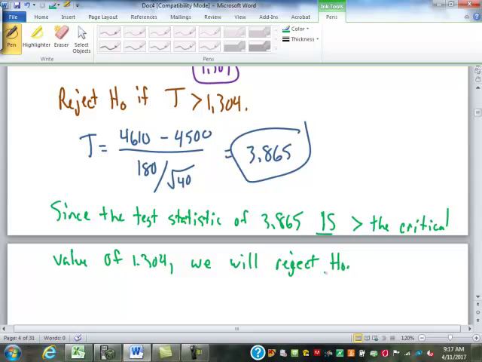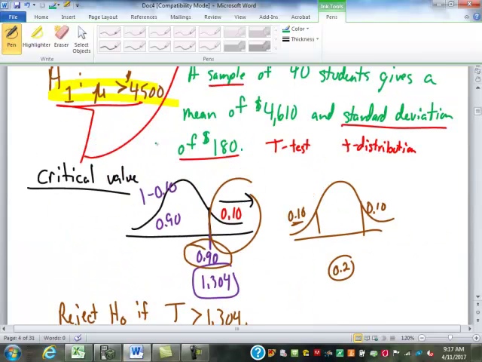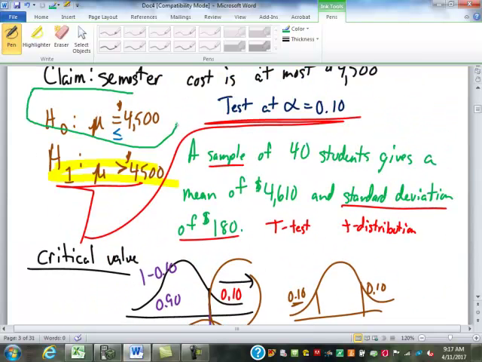What that is saying is there is sufficient evidence to conclude that the price is higher than $4,500. So we're saying that it is not true that it's $4,500 or less.